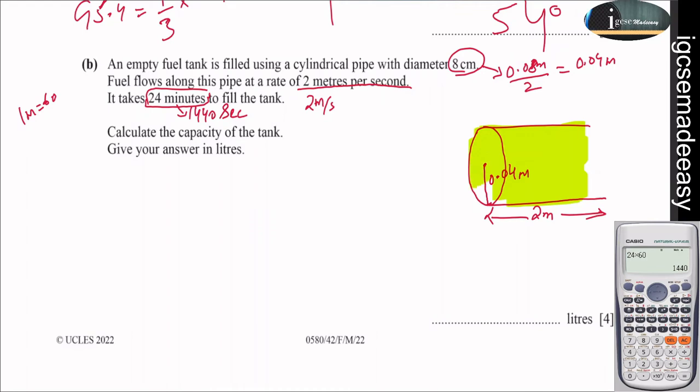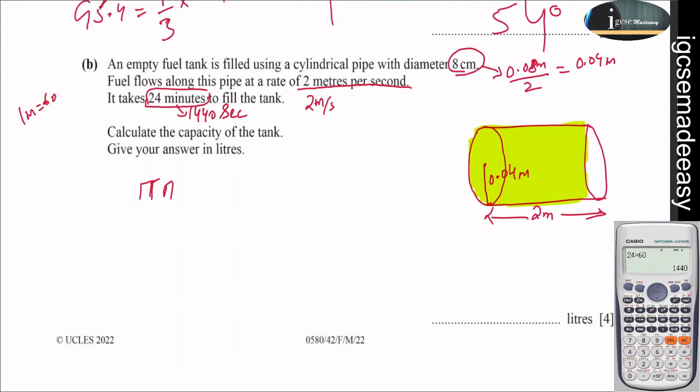That's what it says. So we have to calculate the capacity of the tank. First we have to calculate the volume of the pipe in 2 meter length. We can calculate the volume of the cylinder. A cylinder is the object that looks like a pipe, so the volume of the pipe and the cylinder are the same.